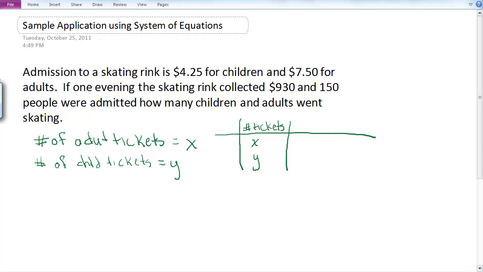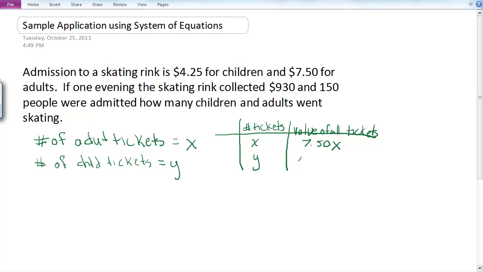Now, the reason for this is, what if we find out what is the value of all tickets? Well, if the adult tickets are $7.50, if we take $7.50 times the number of adult tickets, we'll have the value of all the adult tickets.